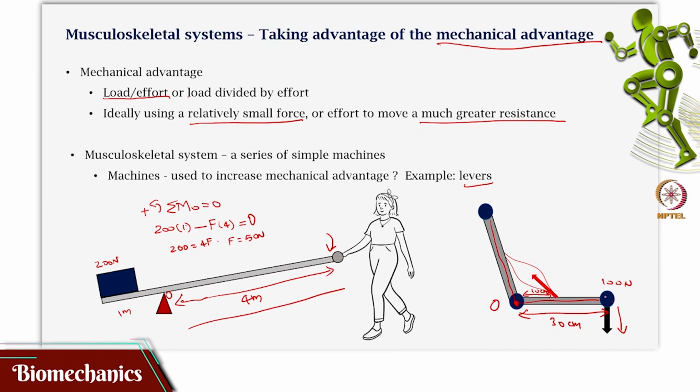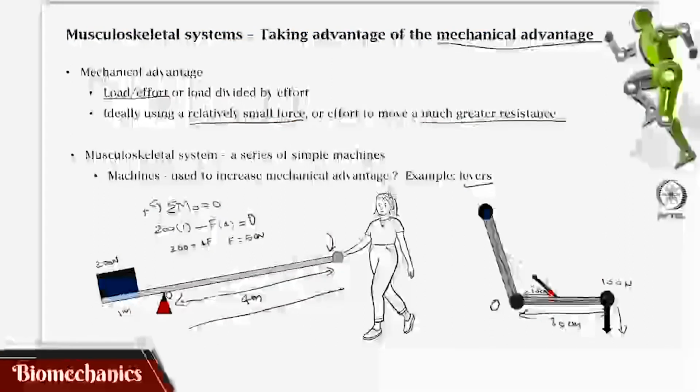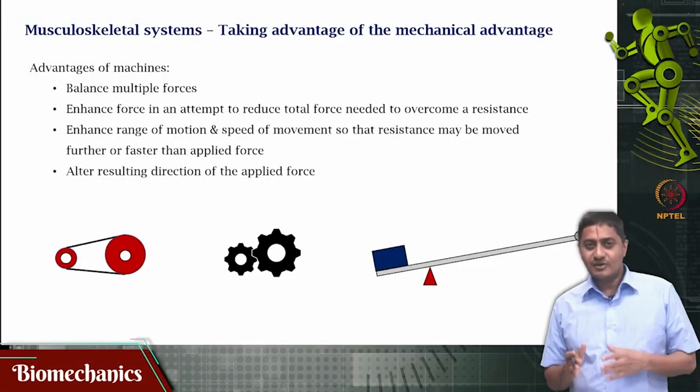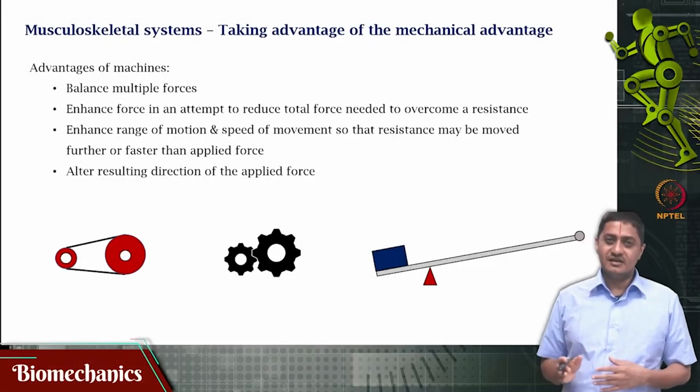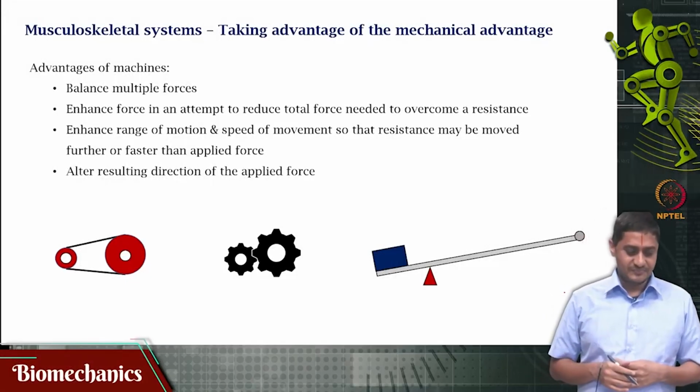So, this reminds us of the high school physics that we have studied. There are 3 classes of levers, and depending on which class of lever that you are operating with, you might either have a mechanical advantage or a disadvantage. Okay. So, we will be seeing what these types of levers are in a future class, future video.